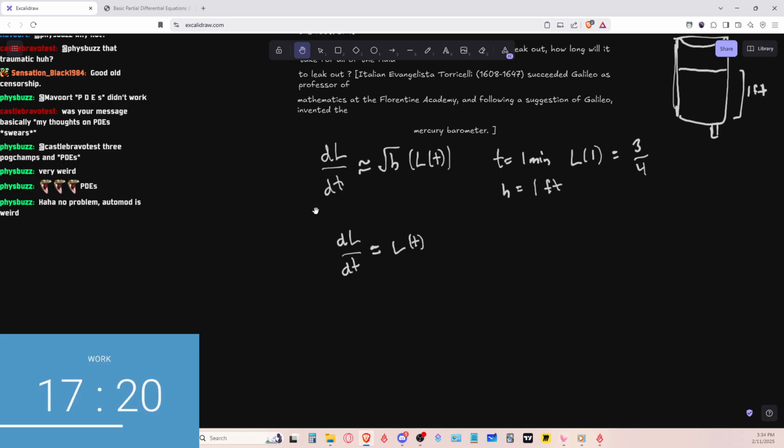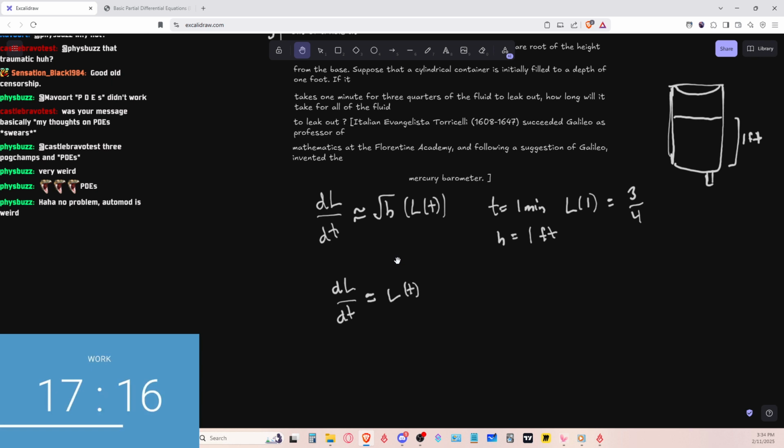Okay. So, hold on. So it takes 1 minute for 3/4 of the fluid to leak out. How long does it take for all the fluid to leak out? Okay.